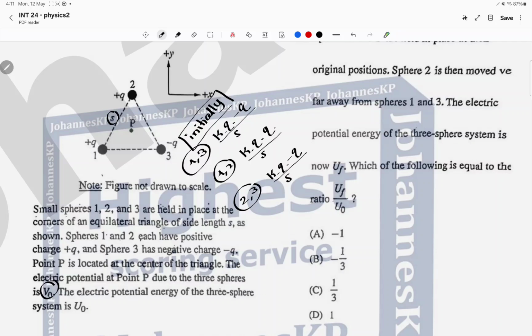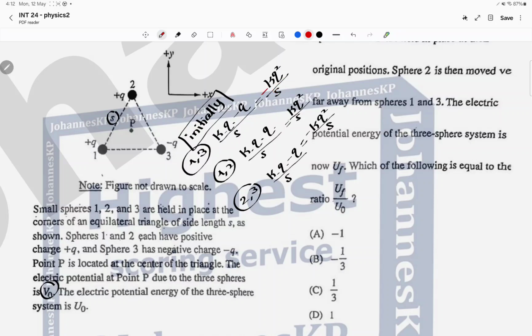This will be negative K Q squared over S. This will be K Q squared over S. Very good. This will be negative K Q squared over S. If you add them all, what do you get?